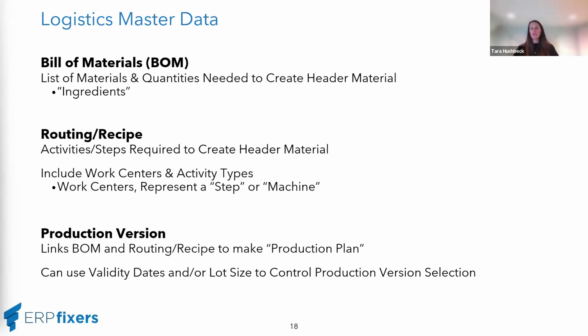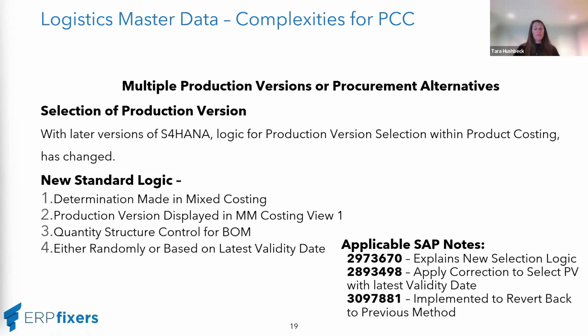But what I want to drill into a little bit here, and this is actually something we came across recently with one of my clients, is that there's been a change. If you have more than one production version or procurement alternative within your environment, which lots of companies do, right? There's lots of different ways that you can make or procure a single product.